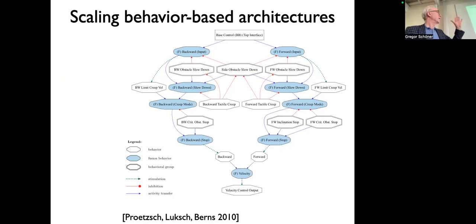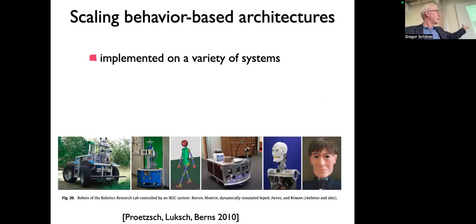Here's another example. I want to take you through these, how you then combine stuff this way. And they did demonstrate this on vehicles. I think that everything other than the vehicle was actually just simulated. I don't think they had any manipulation.